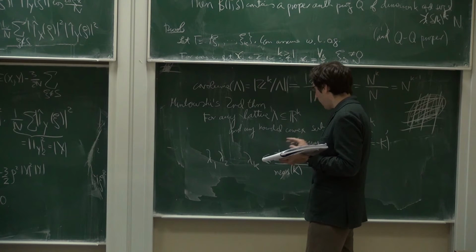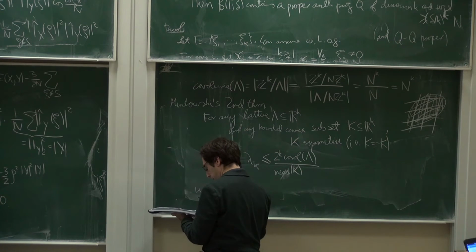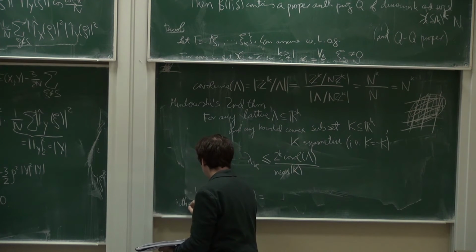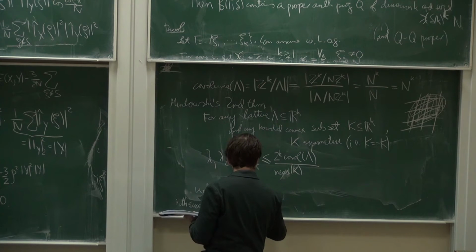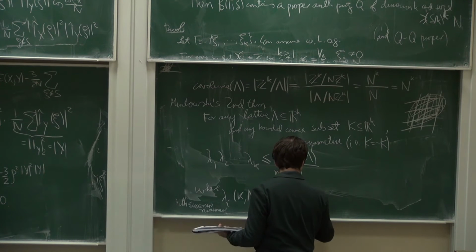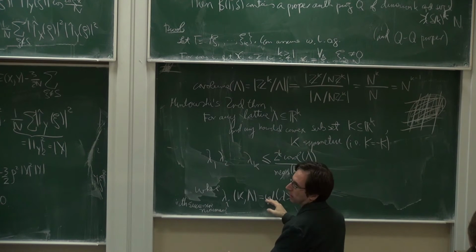And the lambdas, I will define them. Where lambda i, which is really a function of K and the lattice, is the so-called ith successive minimum. It's an infimum over all positive lambda. Basically, if K is closed, it's a minimum.